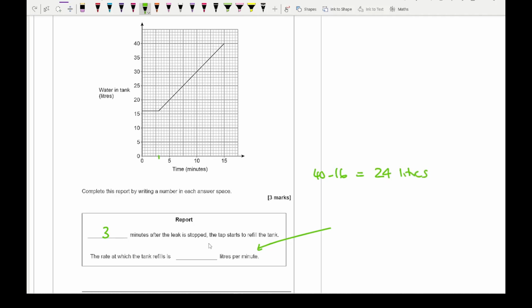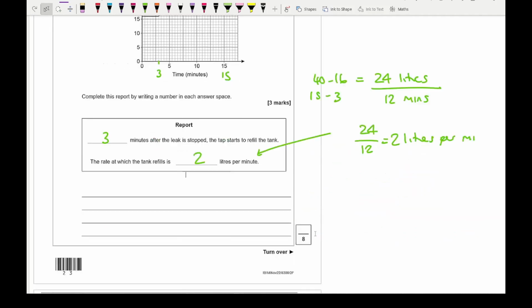And the time difference is from 3 minutes to 15 minutes. So 15 take away 3 is going to give me 12 minutes. So 24 divided by 12 is 2, so it's going to be 2 litres per minute. So the number I need to write there is going to be 2.